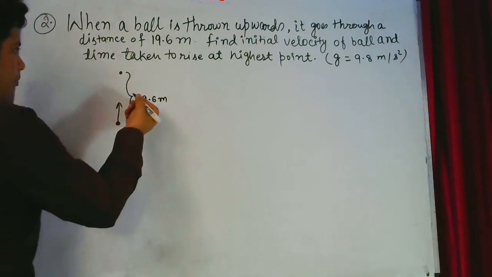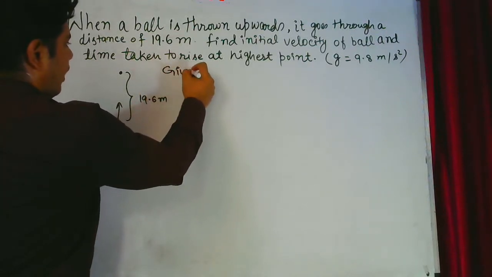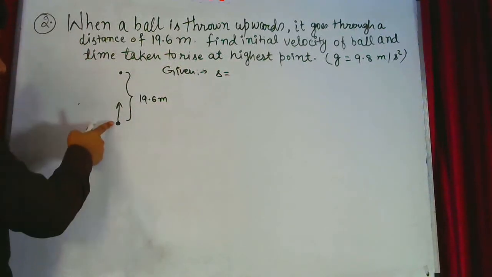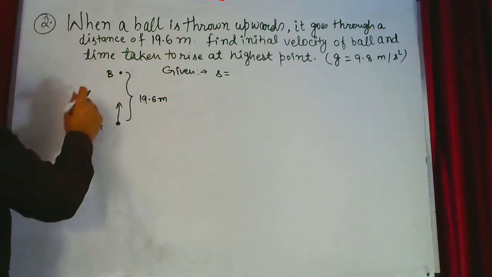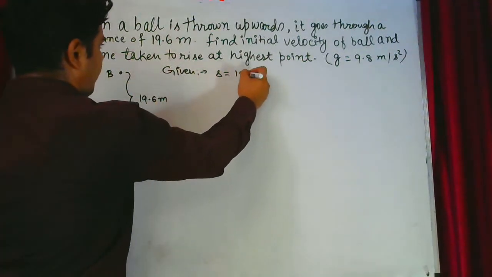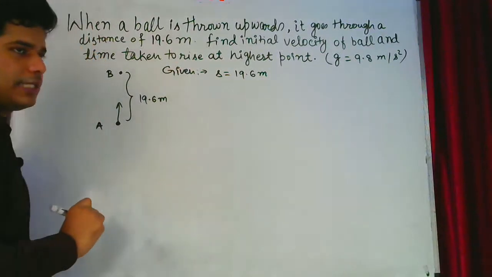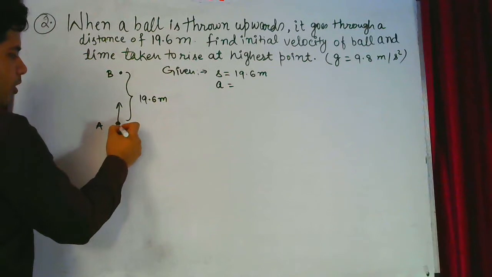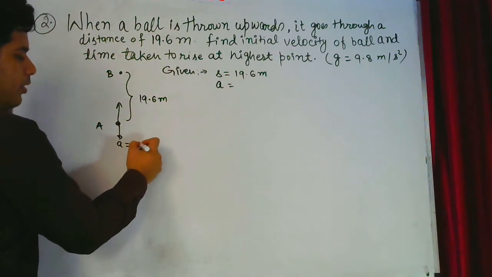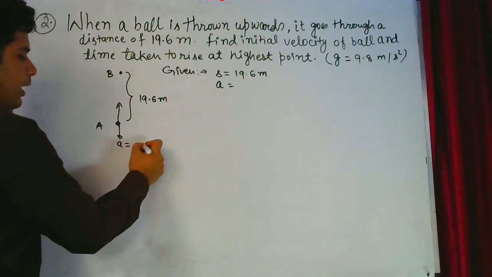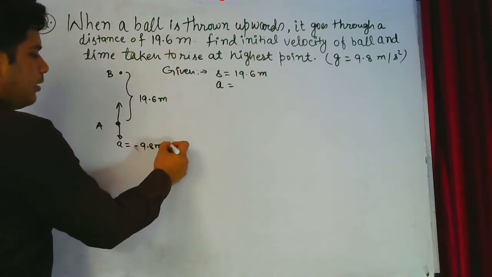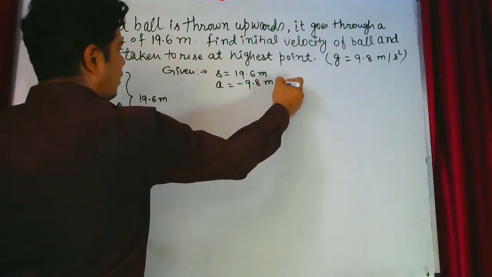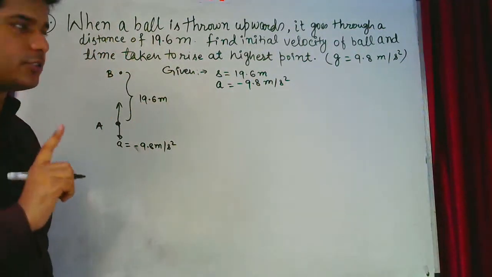Okay, what we have been given is just the displacement. During this motion from point A to B, displacement S will become 19.6 meters, and acceleration will be 9.8, but since this is a ball going up, the acceleration will be in the negative direction, so it is minus 9.8 meters per second squared.